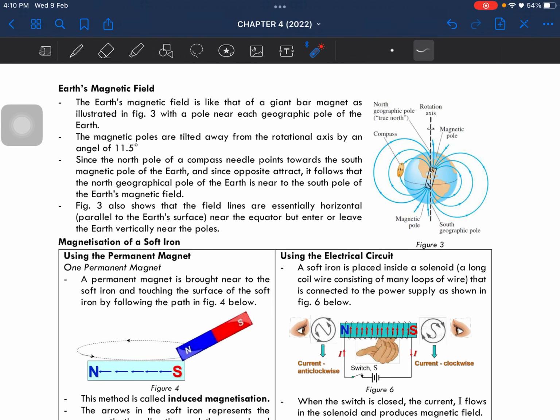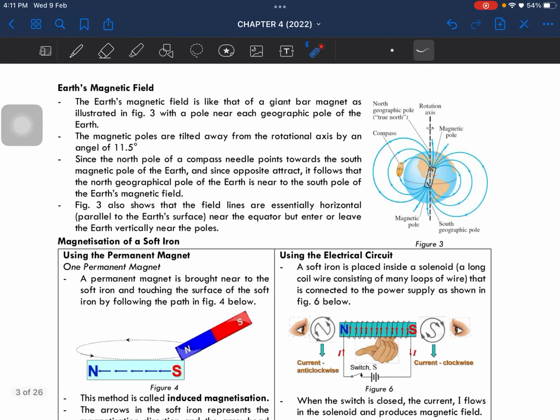The Earth's magnetic field is like a giant bar magnet, as we can see here, with a pole near each end. Since the Earth's magnetic field is like a giant bar magnet, geographically the north is going to be here, the south is going to be here. This is their geographic pole.